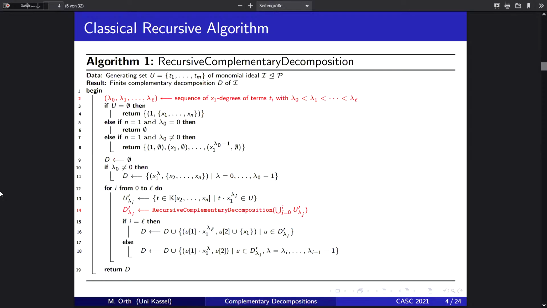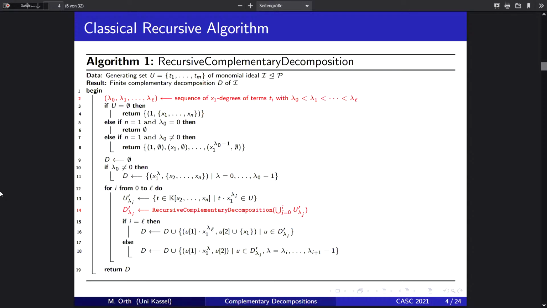There's a more or less folklore algorithm for the task of finding a complementary decomposition. I will not go through the algorithm in detail, but the input is a generating set of a monomial ideal. And then you pick one certain variable. Here we pick x1. You can see this in line 2, which is highlighted.